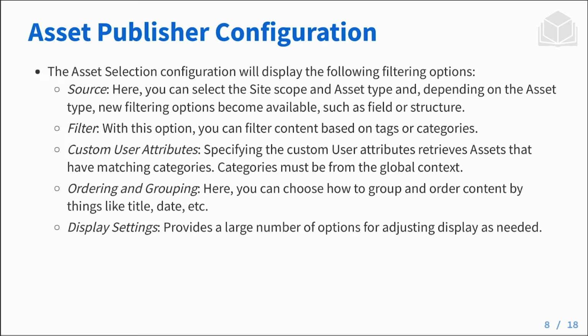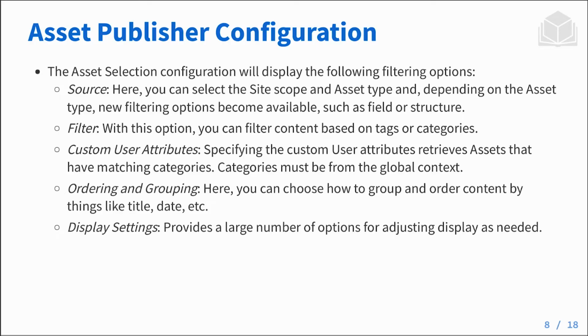I just mentioned that the asset publisher breaks down into the what content to display and the how to display it. So what does that actually look like? In the content configuration, we have the asset selection section, and this will be the what to display, okay? Here is where you can choose the source, so which asset or assets you want to have on display.